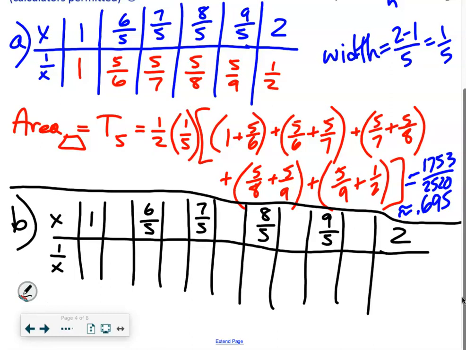So I'd use the height on the left, but the width is still 1/5. When I'm using midpoint rectangles, the width is still 1/5. The only difference is the midpoint tells you what height to use. Left, I find the height on the left. Right, I find the height on the right. Midpoint, I find the height at the midpoint. That's the only difference. Everything else stays the same.